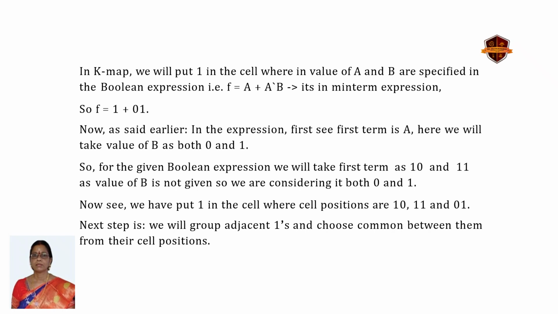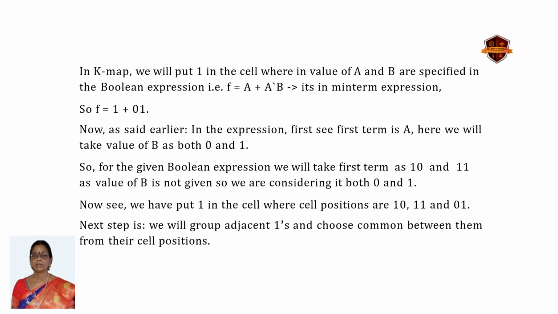In K-map, we will put 1 in the cell wherein the values of A and B are specified in the Boolean expression, that is F is equal to A plus A bar B, in which for the minterm expression you take A as 1 and A bar as 0, and similarly B as 1 and B bar as 0.